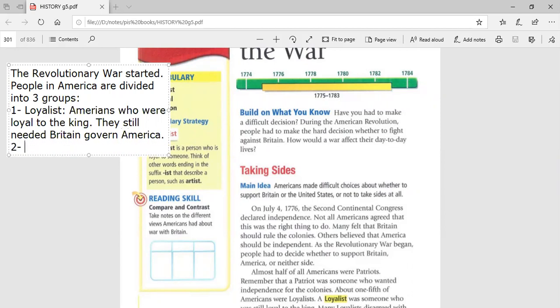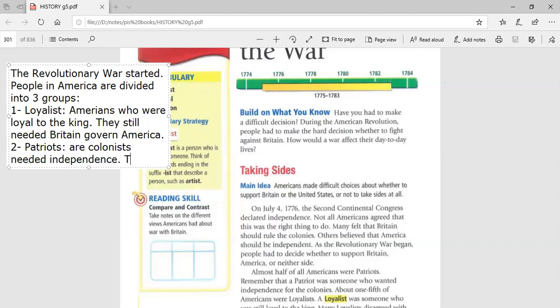The second group is called the Patriots. We talked about this word before. The Patriots are colonists, but they needed independence. They didn't need Britain to govern America anymore. So the Patriots are also Americans and colonists, but they needed independence, which means they needed freedom.